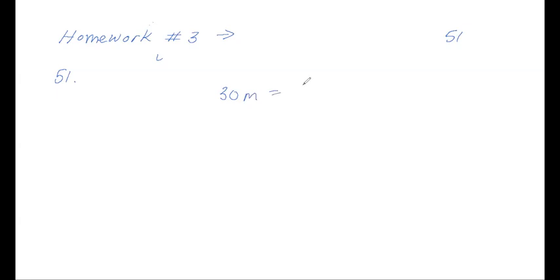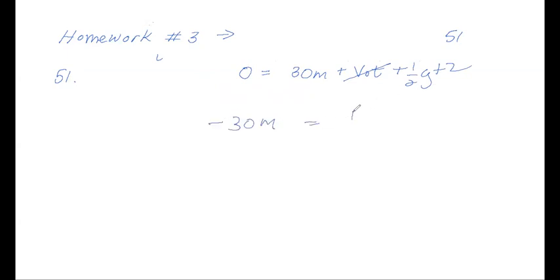30 meters equals, I'm sorry, let me just do it properly. Okay, so using that y component, we're going to call that ground zero: zero equals 30 meters plus v naught t plus 1/2 g t squared. I know it has no initial component in that direction. It's launched horizontally. So negative 30 meters equals 1/2 times negative 9.8 meters per second squared times t squared.